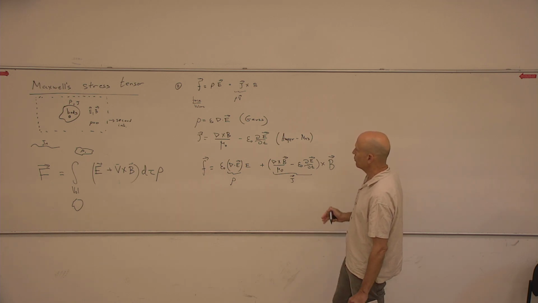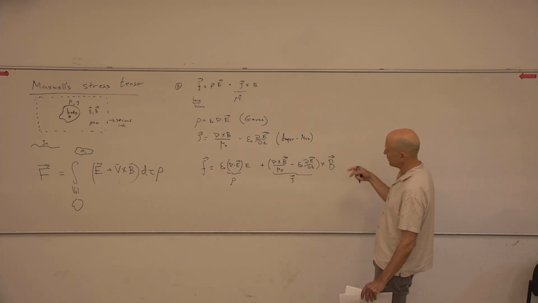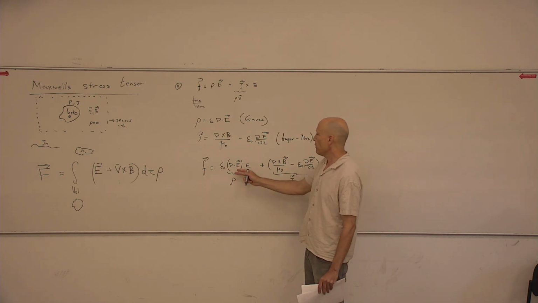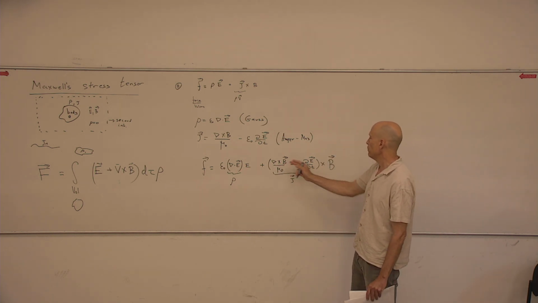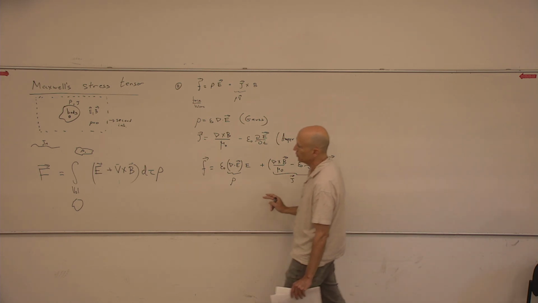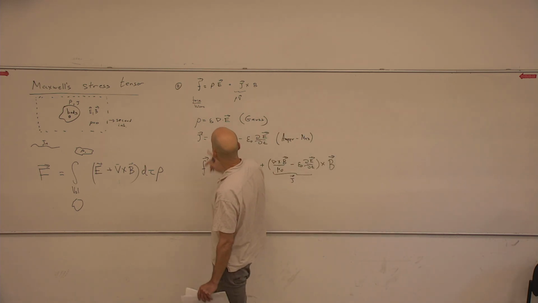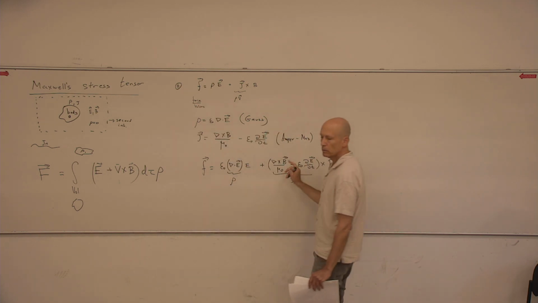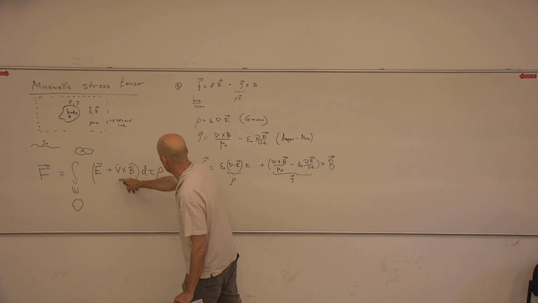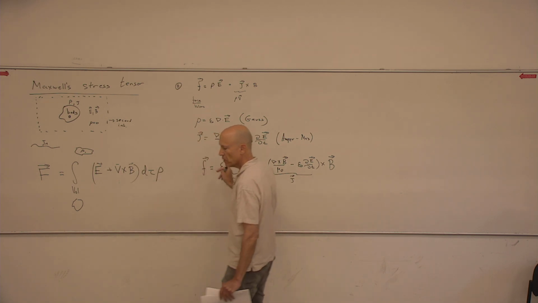Now, what we want to do, or what Maxwell wanted to do, is we have E and we have B inside here. So already we made some advance in the sense that if I integrate this, I don't have V and rho inside.